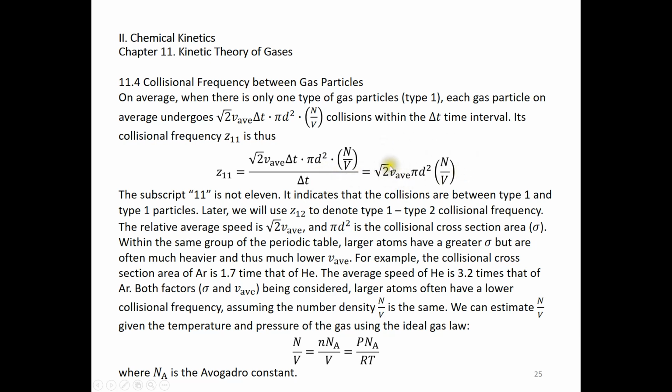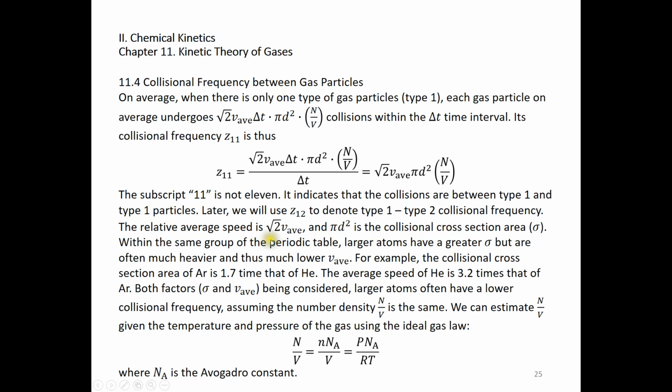And over here you can see it's square root of 2 times the average speed times the collisional cross-section area times the number density. Again, 11 is not eleven, it's type 1 type 1 collision. Later we will use Z sub 12 for type 1 type 2 collision.